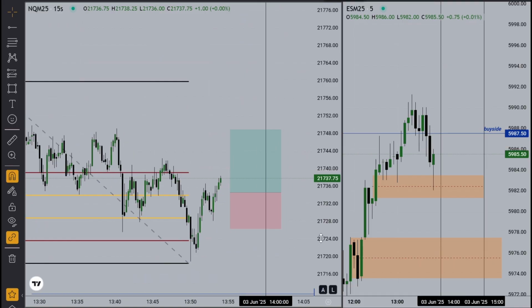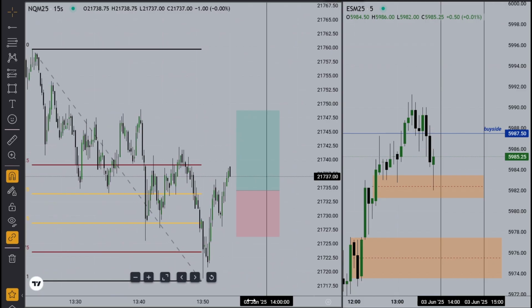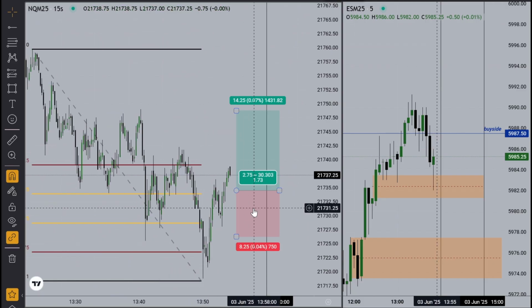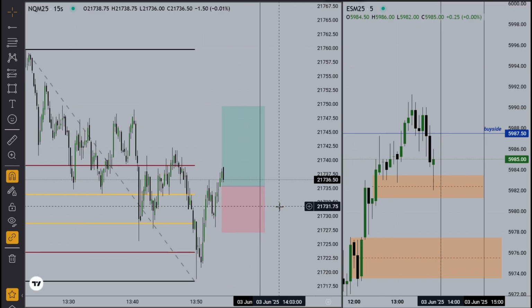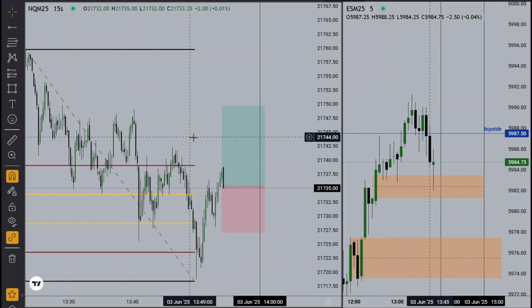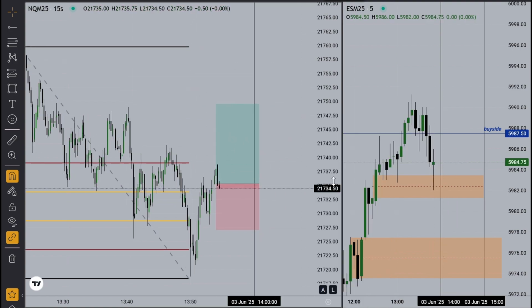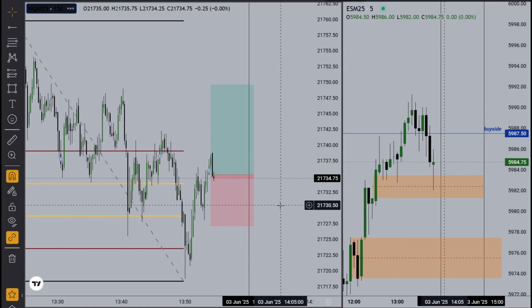Over here we're trying to target the buy side liquidity, as you can see, the two equal highs. Let's see if we come back to that and then take a buy signal from our order block.